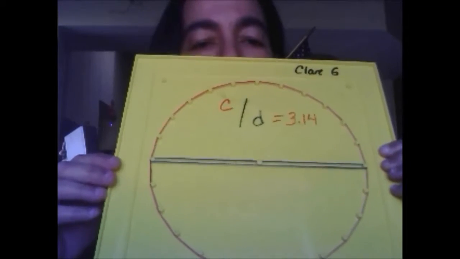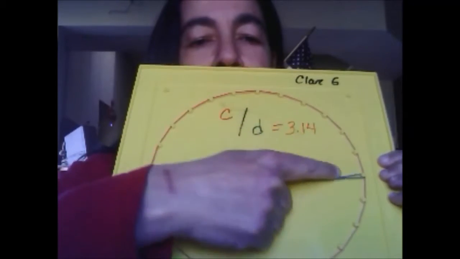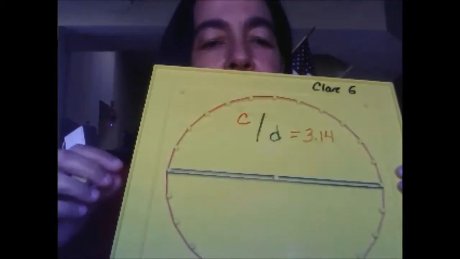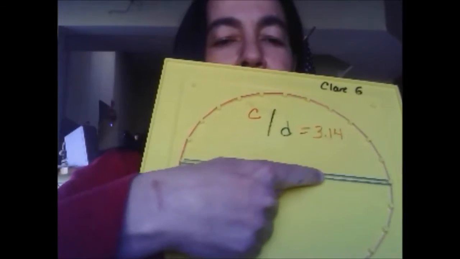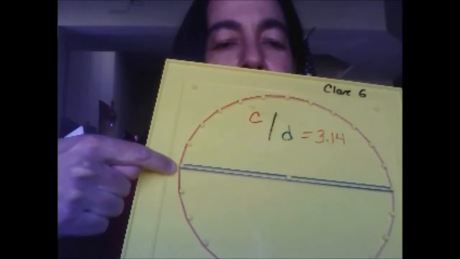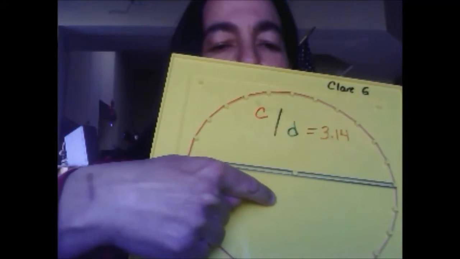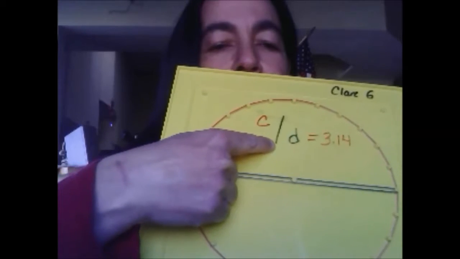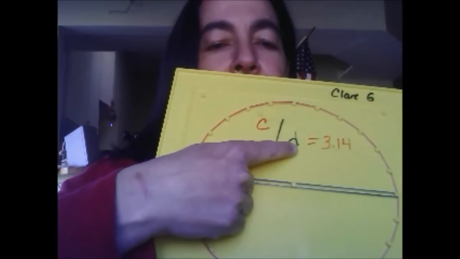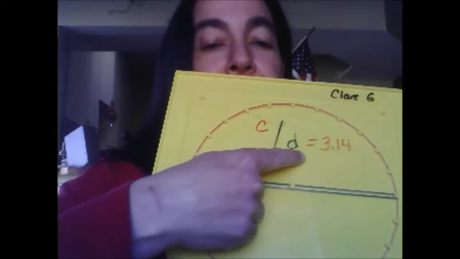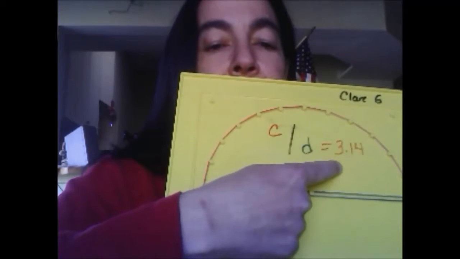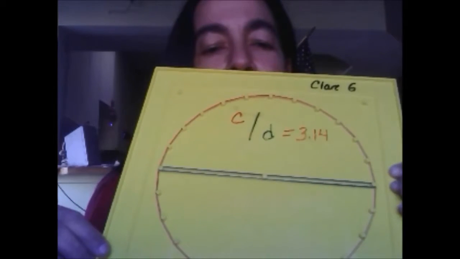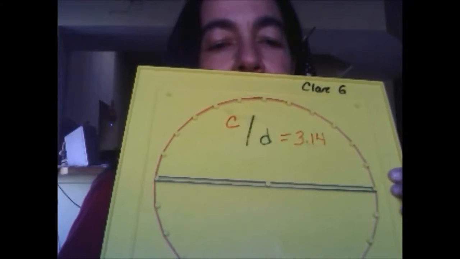As you can see from my pegboard, I have the circumference in red, which is the length around the circle, and I have the diameter in blue, which cuts the circle into two perfect halves. So we're measuring the length of the circumference and the diameter, and we are creating a ratio which is supposed to create pi. So I'm going to test this theory using several common household items.